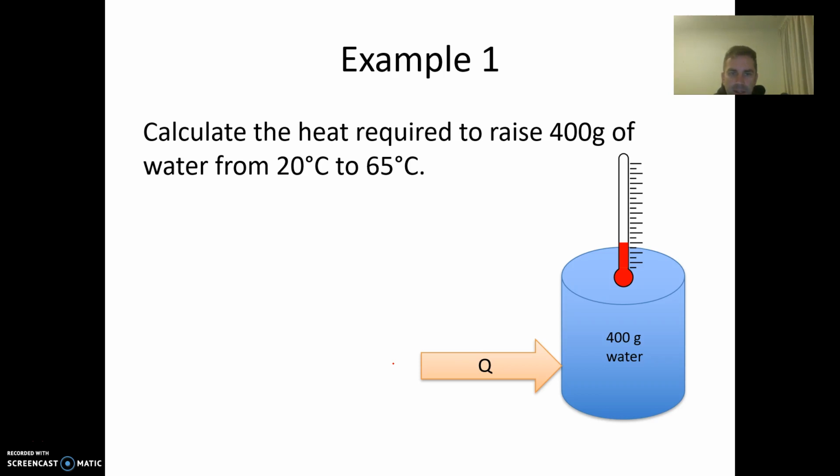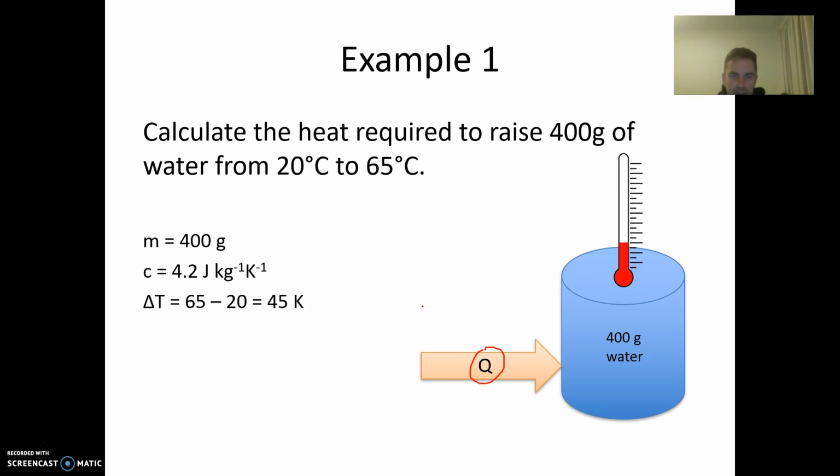So we're trying to figure out what Q is, this heat that's going into the system, and we're going to follow the same process we normally would and write down what we know. So we know that the mass is 400 grams. We know that the specific heat capacity is 4.2, so that's from the table on the previous page. And often in a question like this that would be given, but you can always look them up.